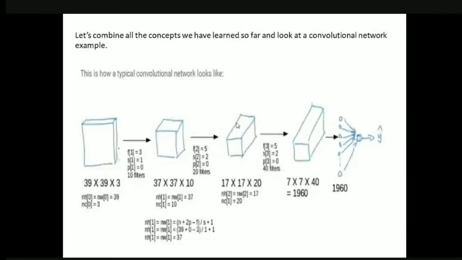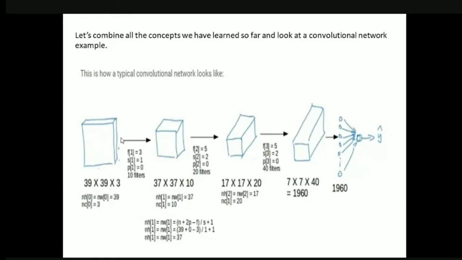Now let us see an example of how we apply this convolution, how many filters we are applying, how stride is applied, how padding is done, and how we get all these values. Don't get tense about all these values, I'll clear everything.